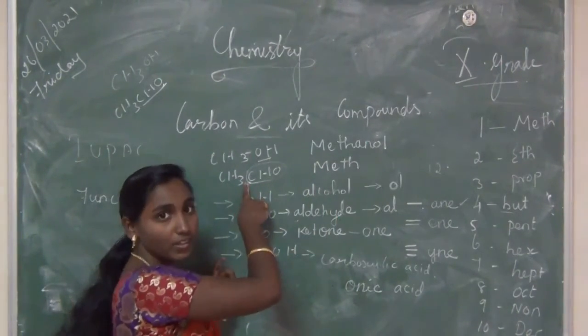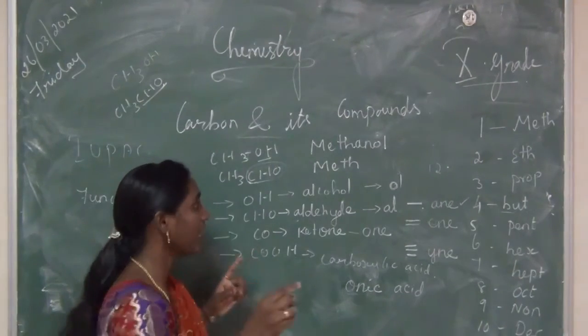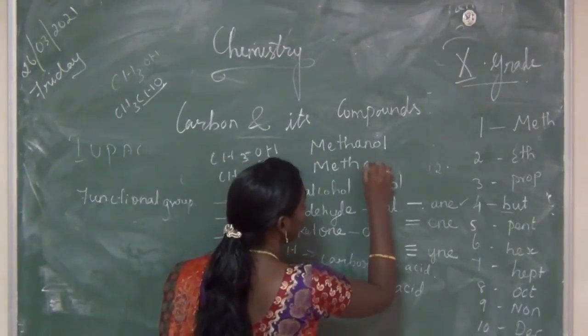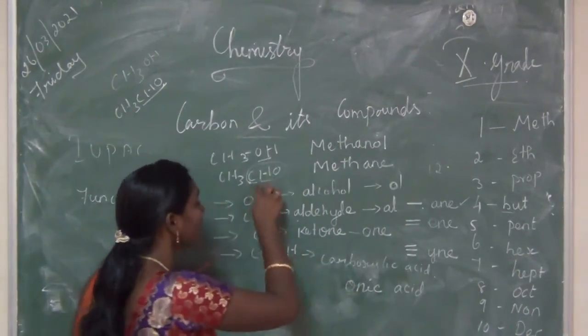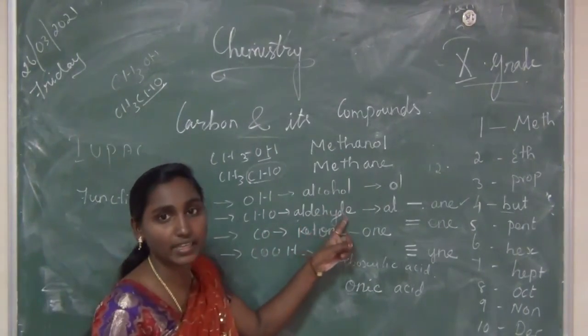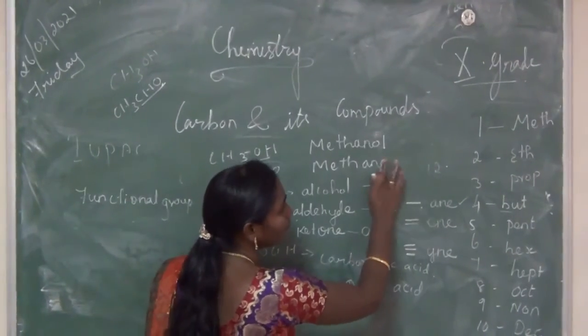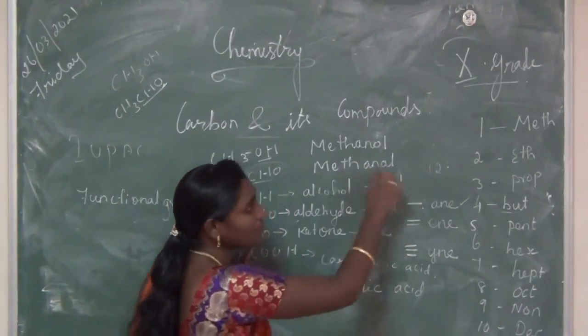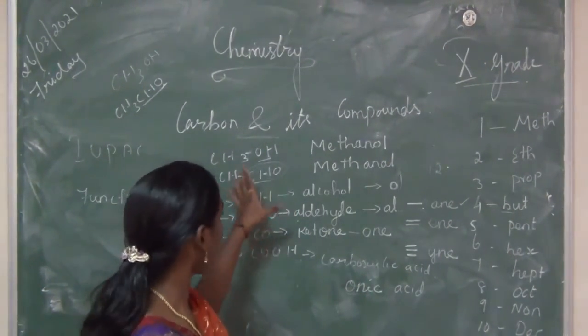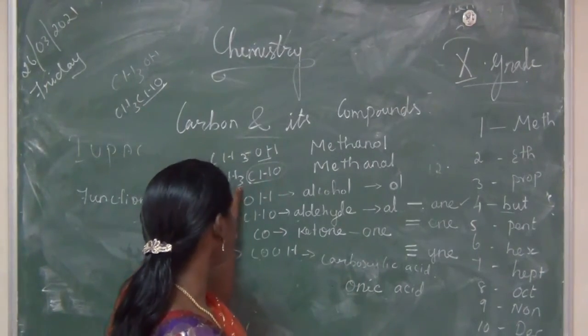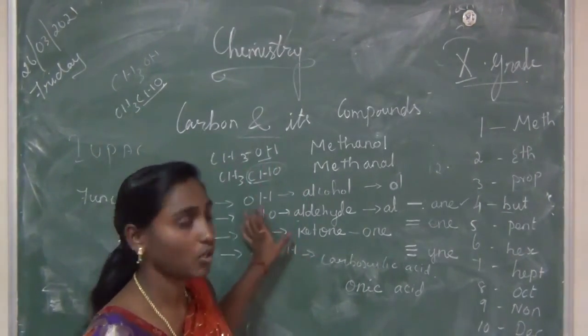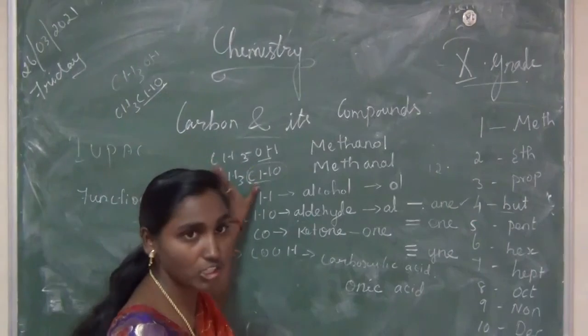No bonds are given, so that is considered ANE: methane. CHO is an aldehyde group, so you remove this E and add Al. So this name is methanal, otherwise you can say methanaldehyde. Have you understood?